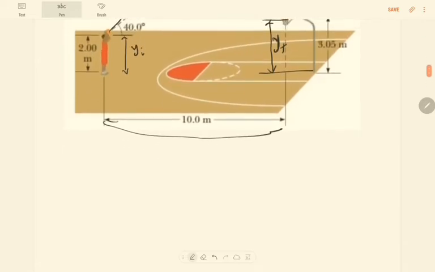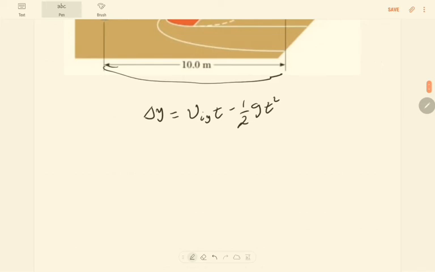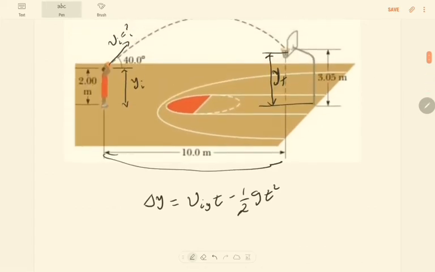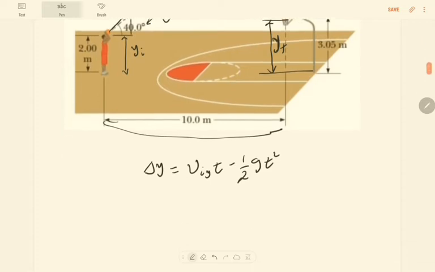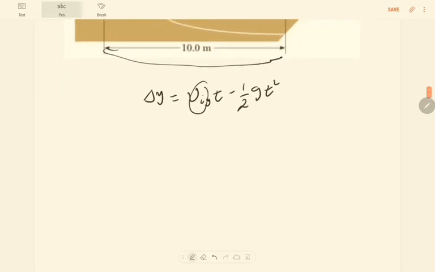So one of the things is the vertical displacement, equivalent to what? The initial velocity along the y direction times time minus half gravitational acceleration times t squared. In fact the initial velocity in this case would be the vertical component at this angle. So consider that our angle theta is 40 degrees, so the initial velocity should be expressed in terms of initial velocity and angle theta.